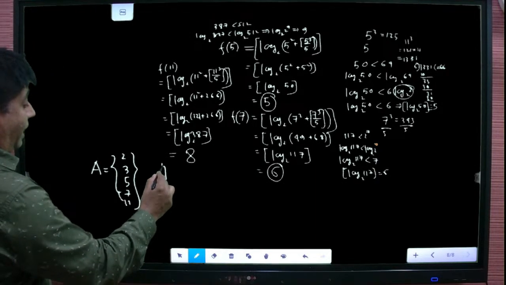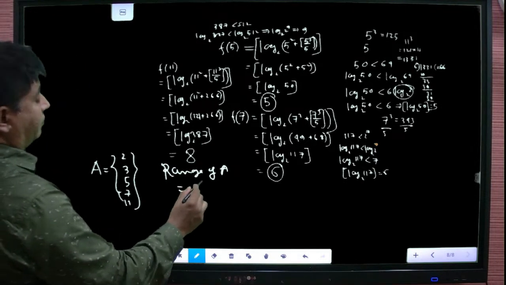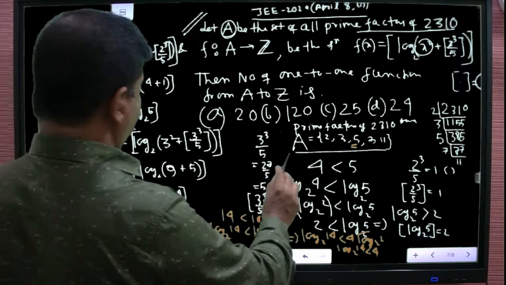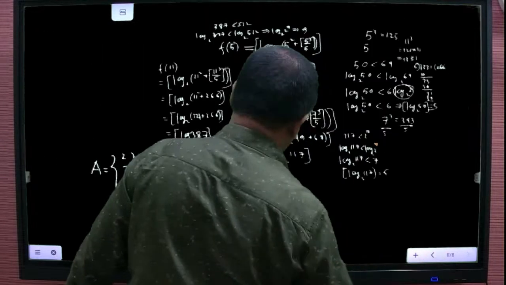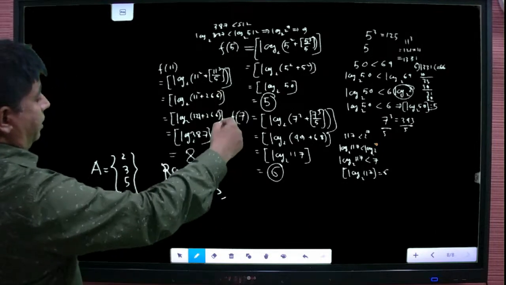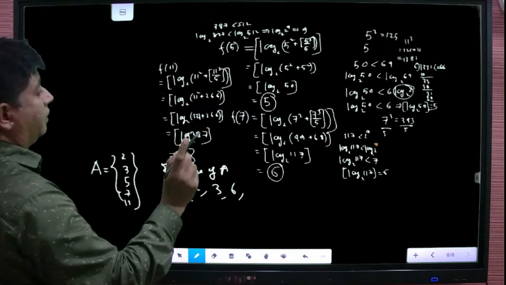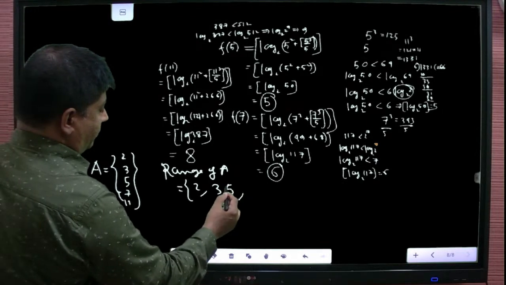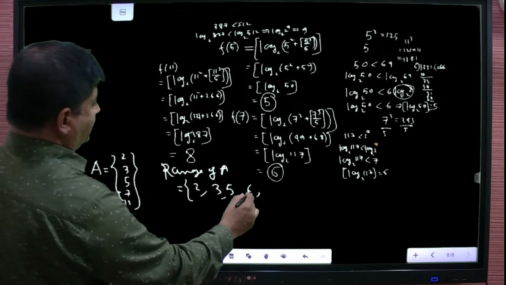And the range of A we got: F2 is 2, F3 is 3, F5 is 5, F7 is 6, and F11 is 8.